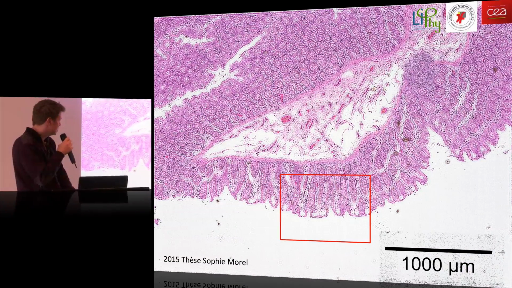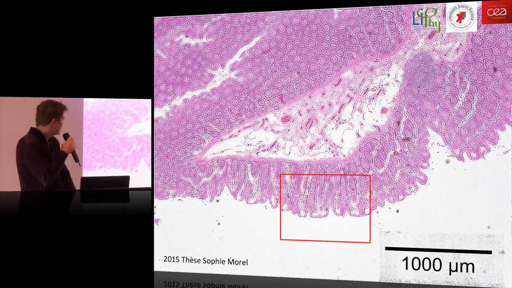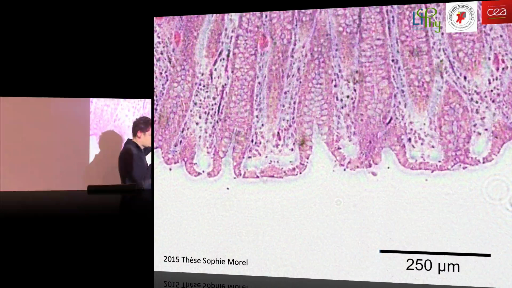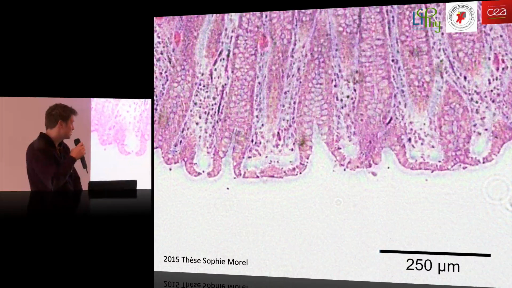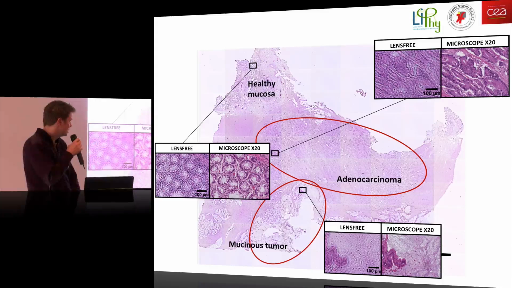So you see the lumen, you see the gland there. And then you can zoom in again, and you can see every single nucleus. So this is to show you the resolution that we achieve with your smartphone. Okay. And this is another example. And these are the comparison with the microscope.